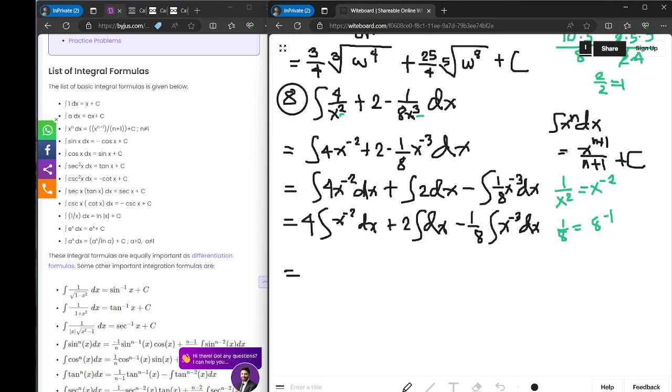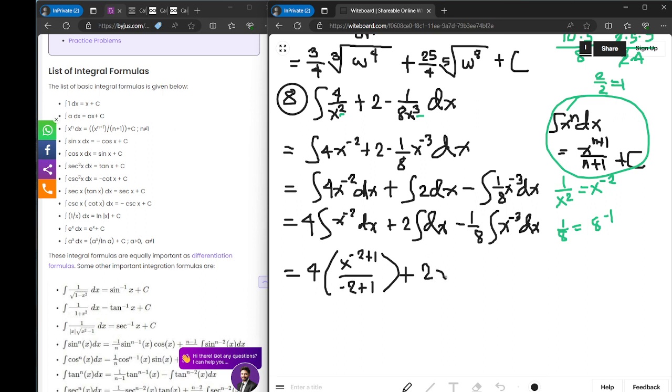Okay, let's apply this property. This one. So this will become 4 times x to the negative 2 plus 1 over negative 2 plus 1. We have plus 2.